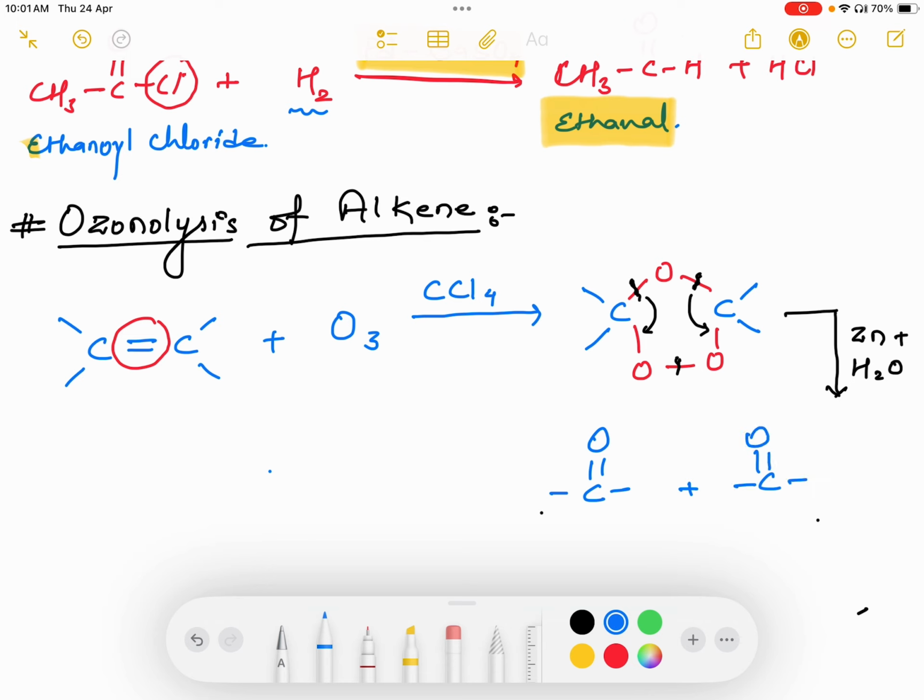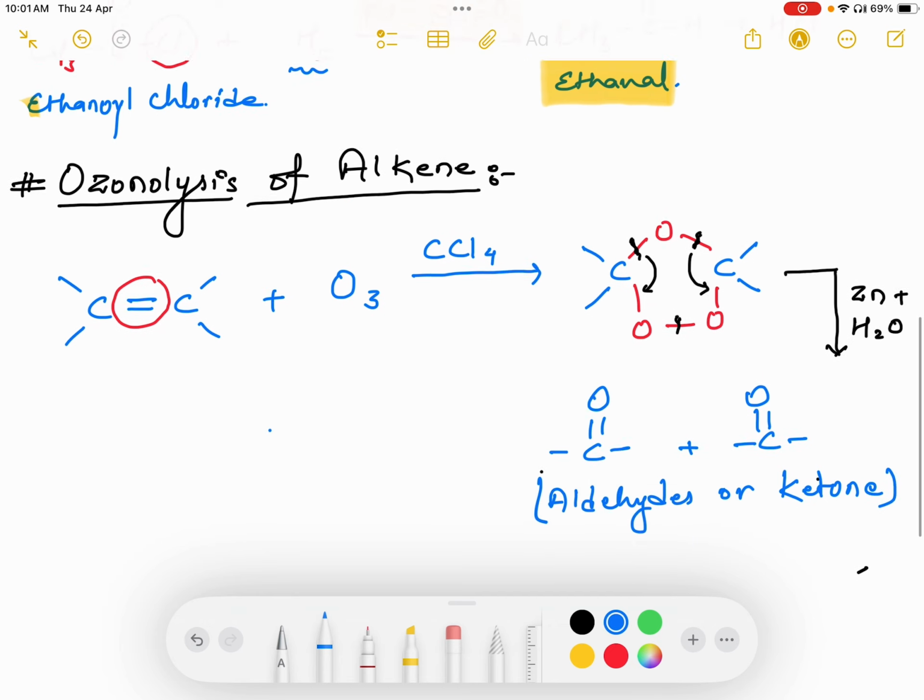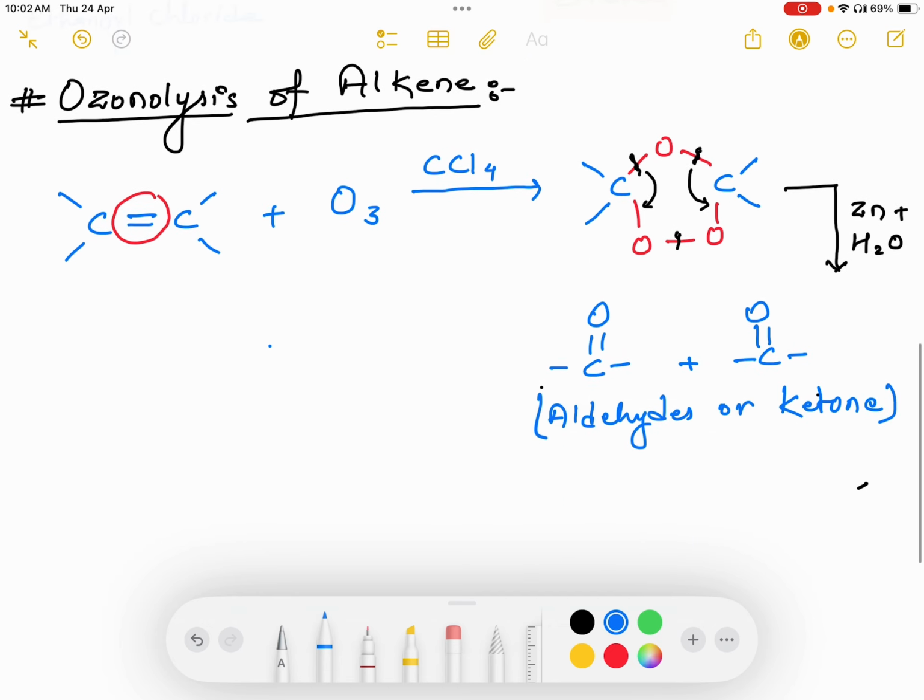So exactly there will be the formation of aldehydes or ketones. This can be an aldehyde or it can be a ketone. So what you need to remember is that when an alkene is treated with ozone in the presence of carbon tetrachloride, that is the ozonolysis reaction.